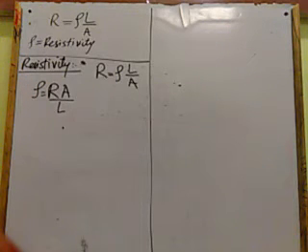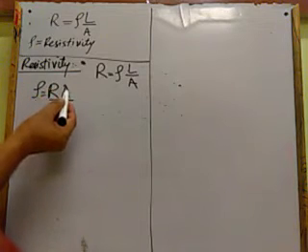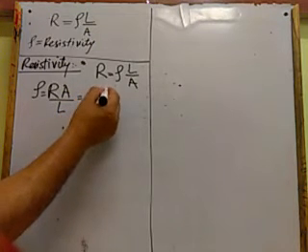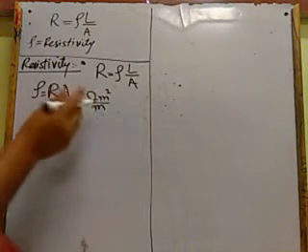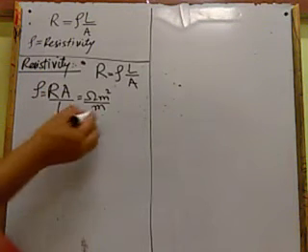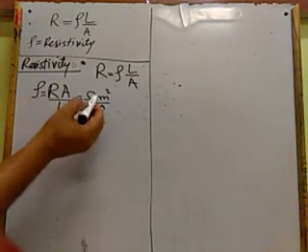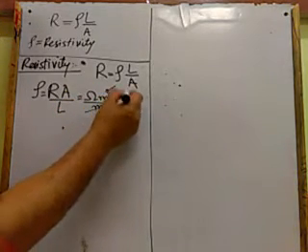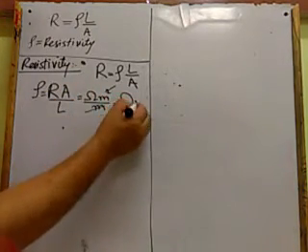SI unit of resistivity is ohm meter square divided by meter. We can derive the unit for resistivity from the same equation. Meter is cancelled with one of the meters above, and finally the unit of the resistivity is ohm meter.